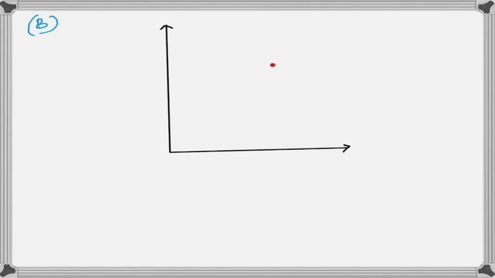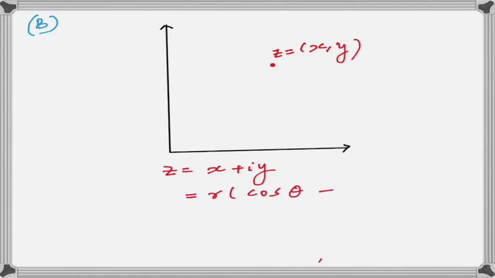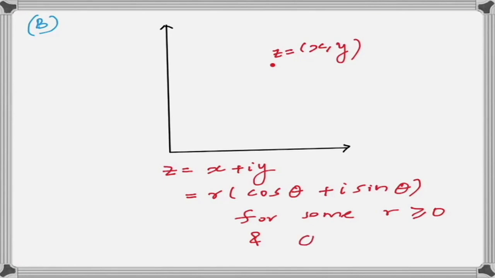Recall that we can write this complex number x plus iy using the polar coordinates of the Cartesian plane as follows. We can write x in the form r cos theta and y in the form r sin theta. So this complex number has the form r times (cos theta plus i sin theta) for some non-negative real number r and some real number theta.